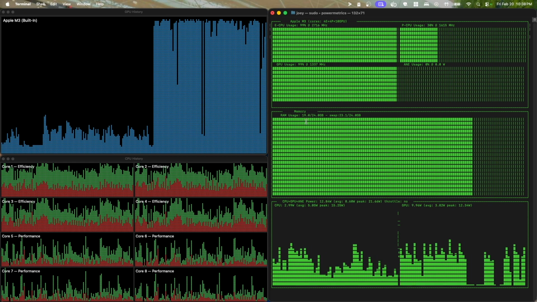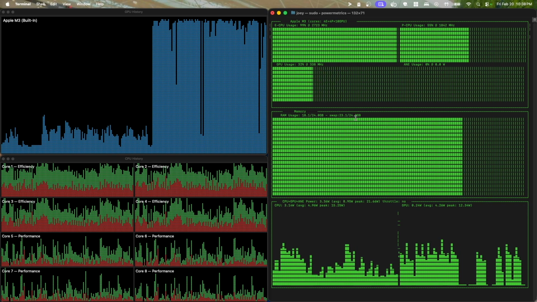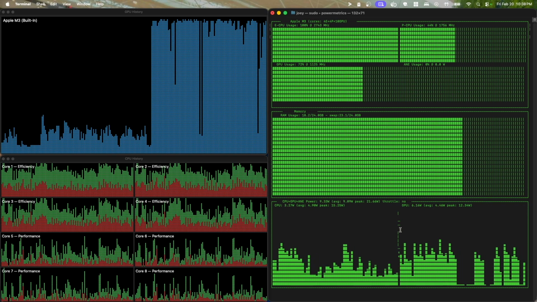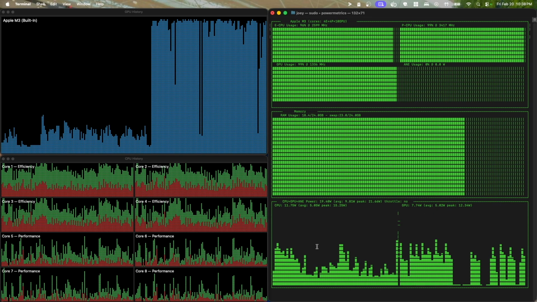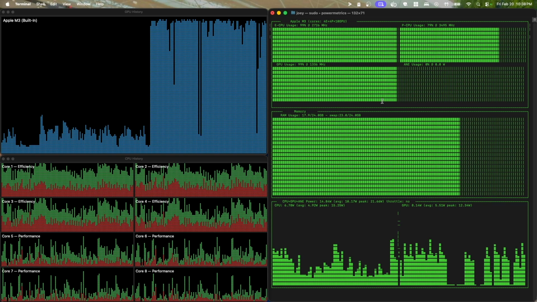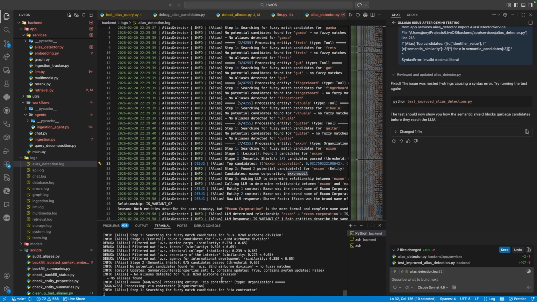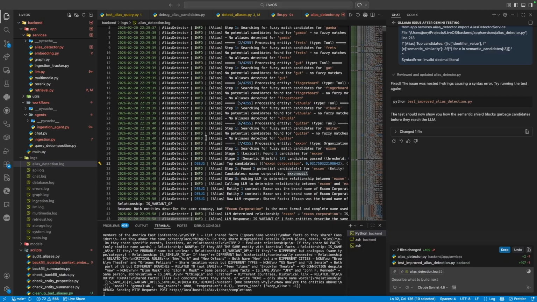Memory RAM: we're using 19 out of 24, and we're even using swap. Interesting. And then we have the GPU here. So this is what is happening to my battery right now. But yeah, this is the process that is currently going on.